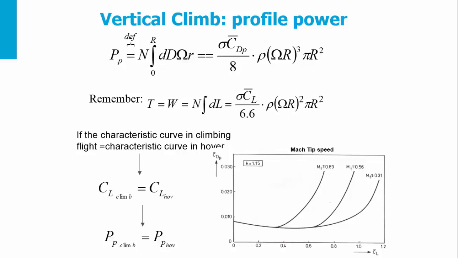Recalling the formula for the thrust that we have derived in hovering flight, it means that if we know the mean drag coefficient on the blades, we can define for a different tip speed on the helicopter the profile drag coefficient, and if we have the profile drag coefficient, we can calculate the profile power that we have in the vertical climb, exactly like in hovering flight.